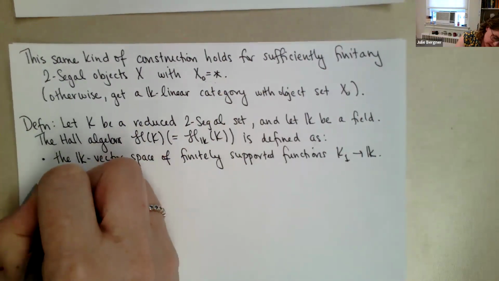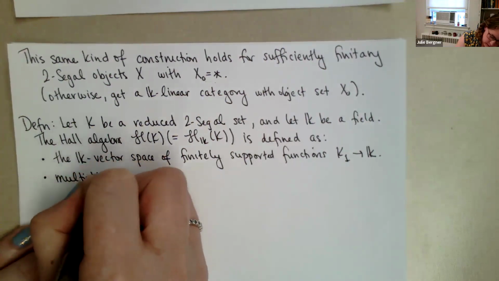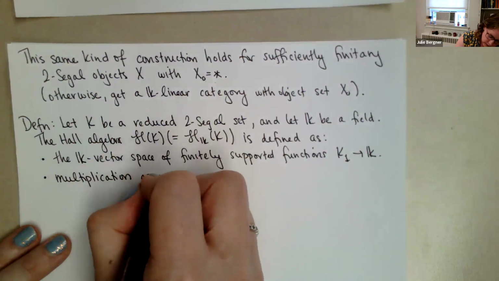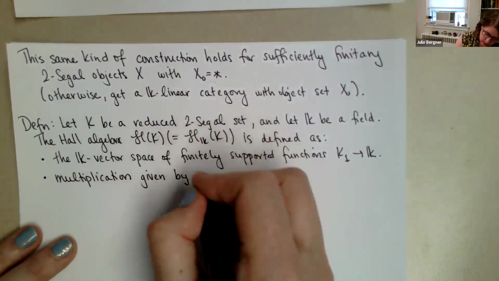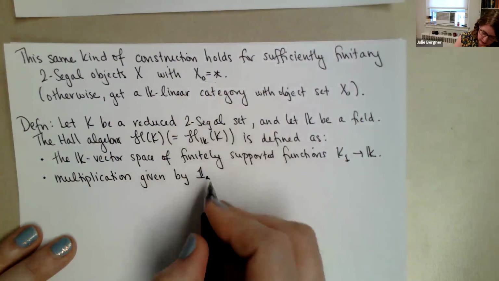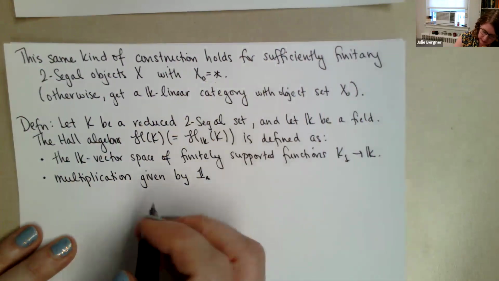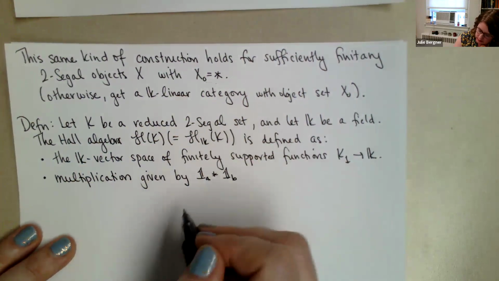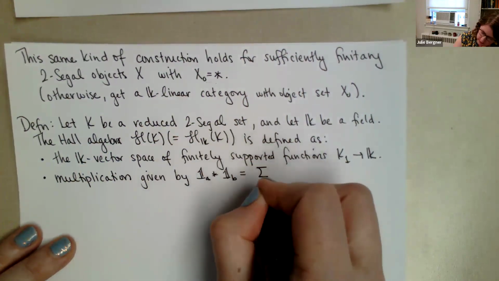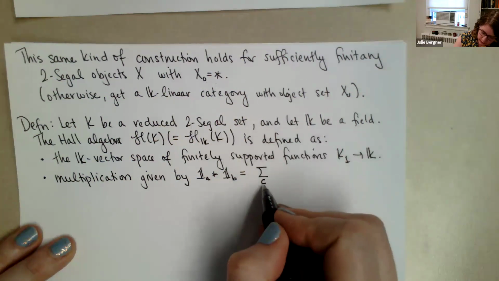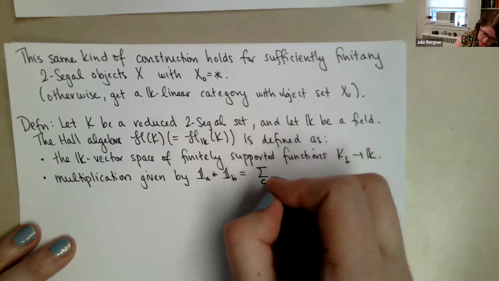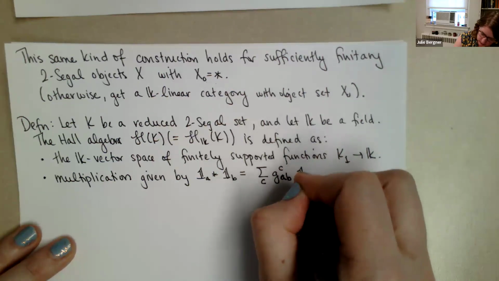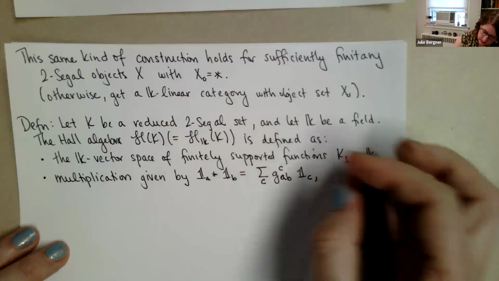And then the multiplication, since I've written it as functions, let me use the characteristic function notation. If I have the characteristic function associated to some element little a of K_1, and I multiply that by the one associated to b, then this is just going to be a sum over other elements c of G_{ab}^c times the characteristic function of c.